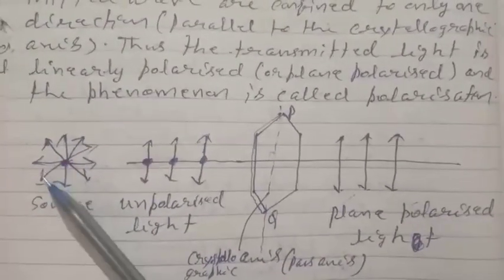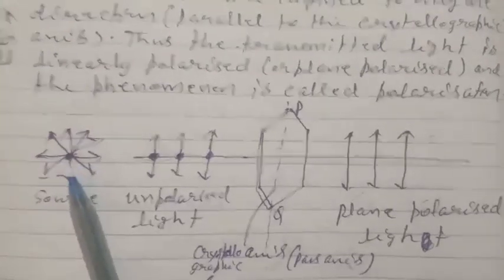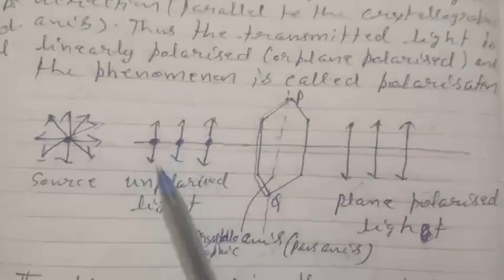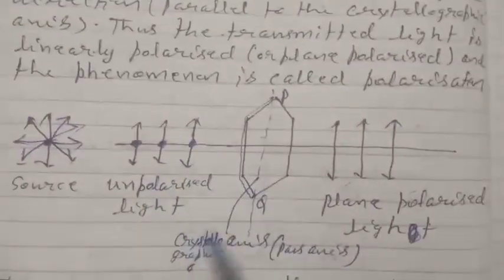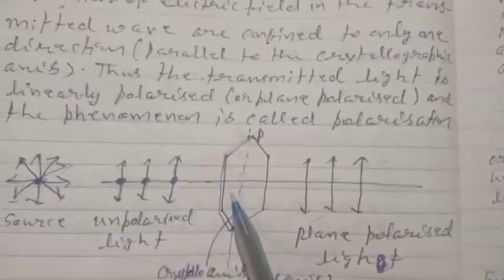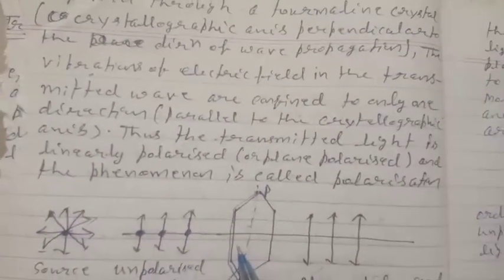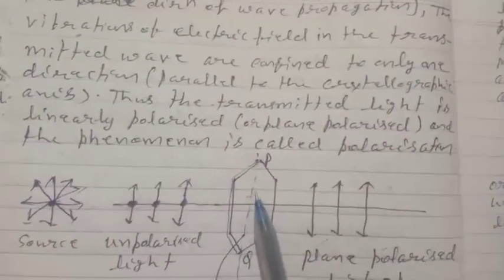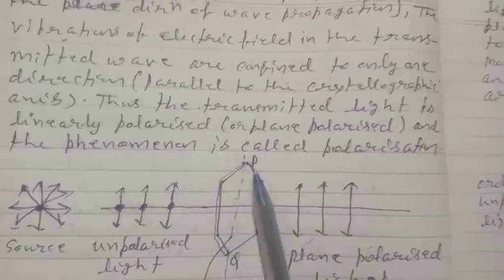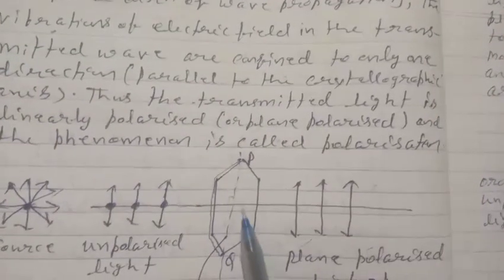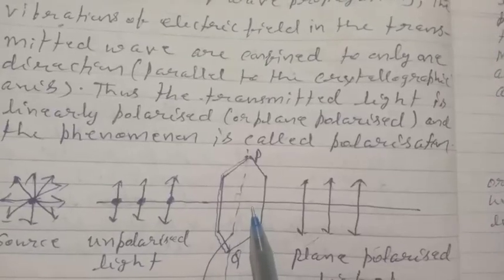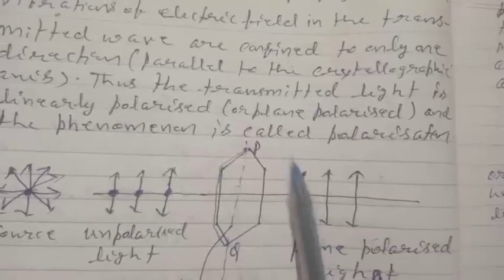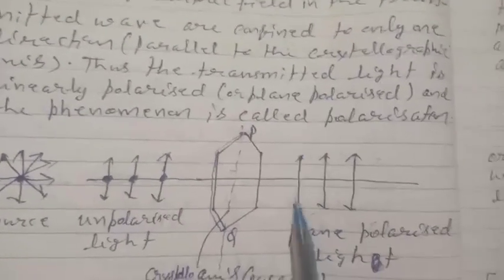Here is the source of light. The light from this source is unpolarized, and this is shown by this diagram. Now if this light is passed through a tourmaline crystal, then after passing through this tourmaline crystal, the vibration of light perpendicular to the plane is removed, and only vibration in the plane of the paper remains.